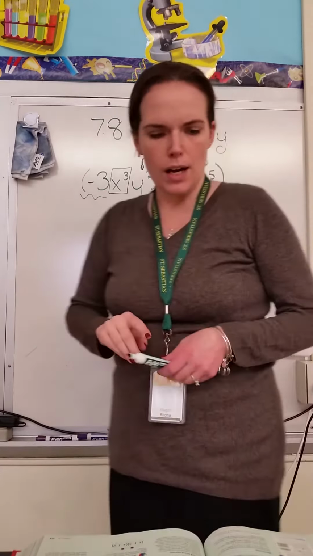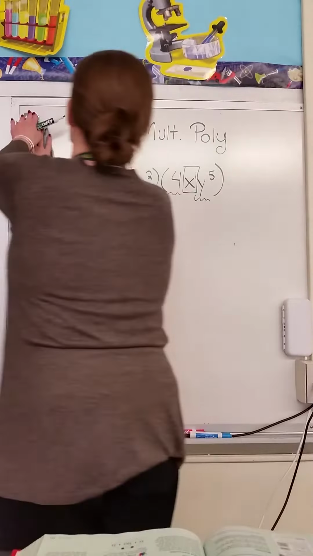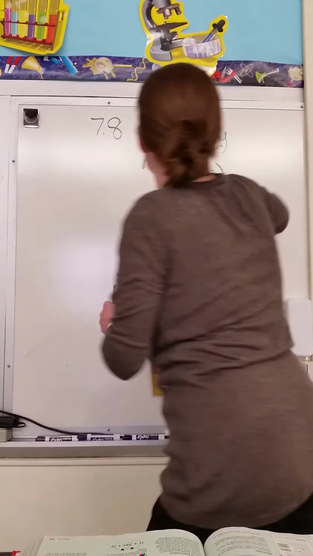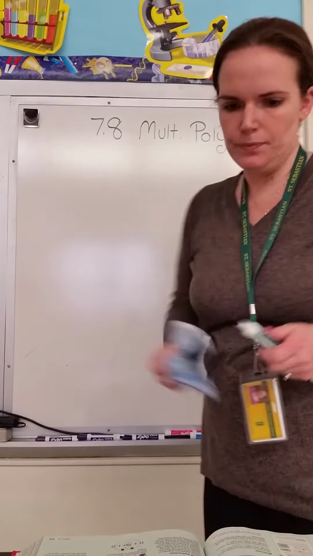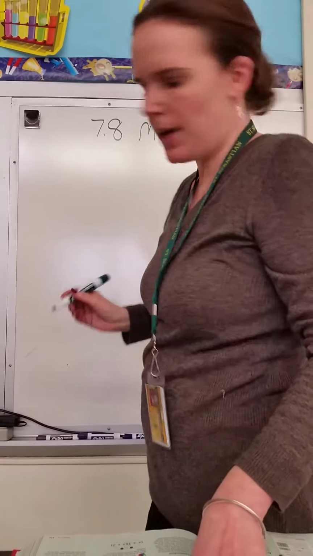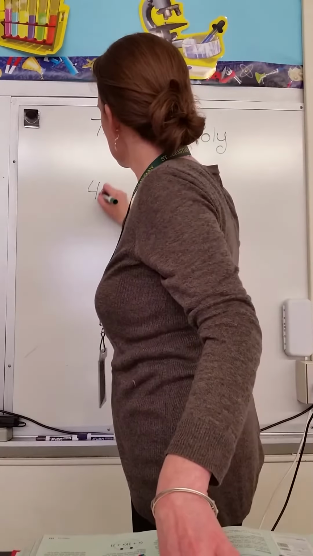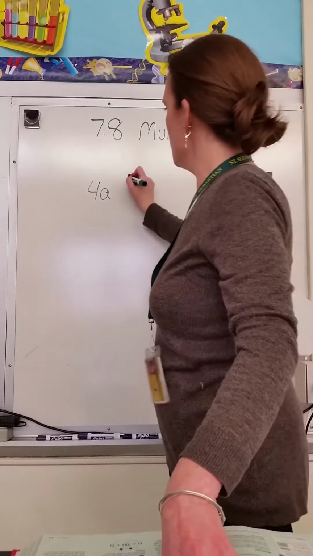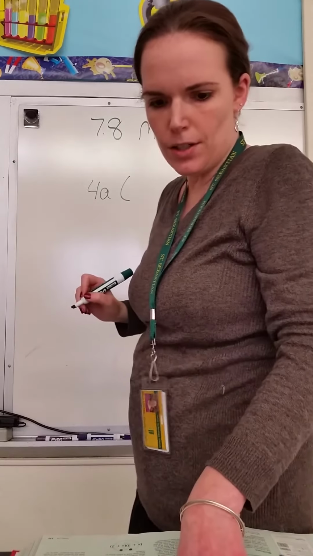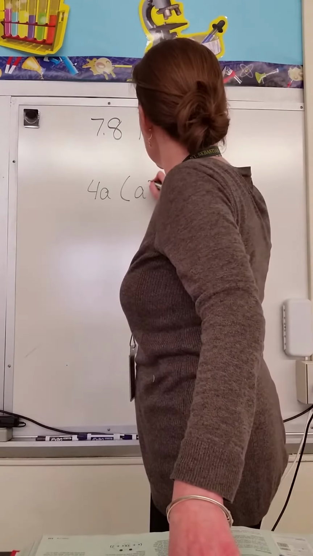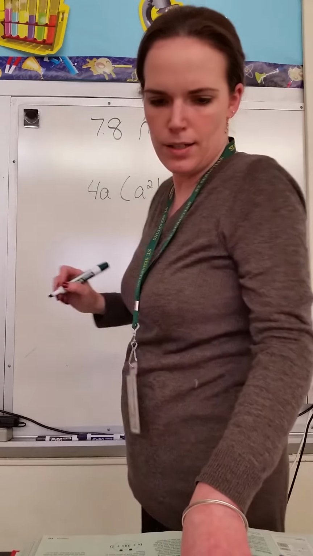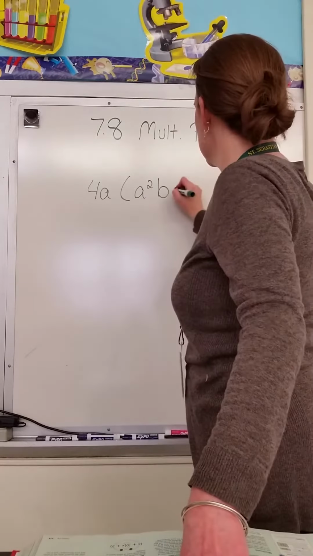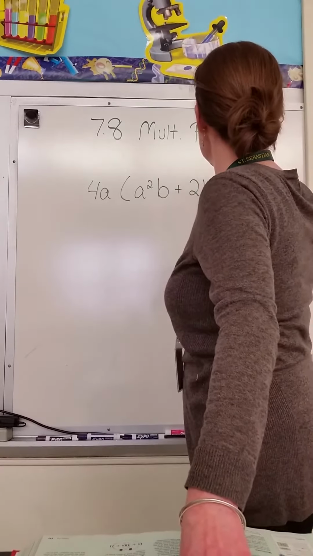If you have a monomial and a binomial, say you have this 4a, which is a monomial, but then in here you have a squared b plus 2b squared.